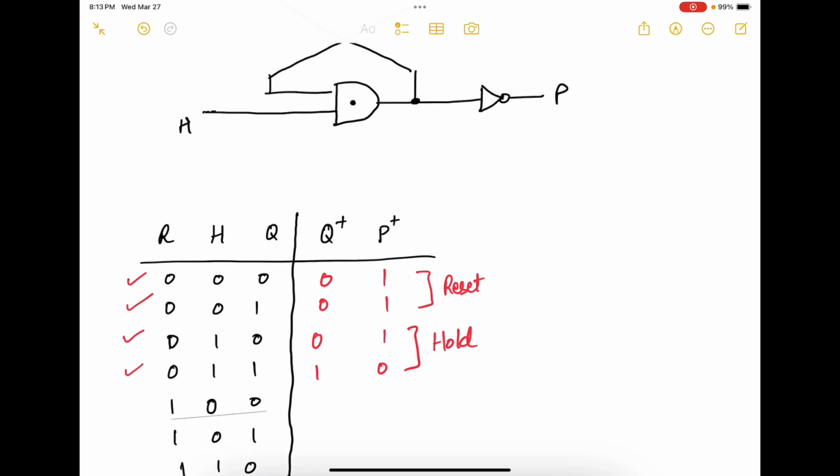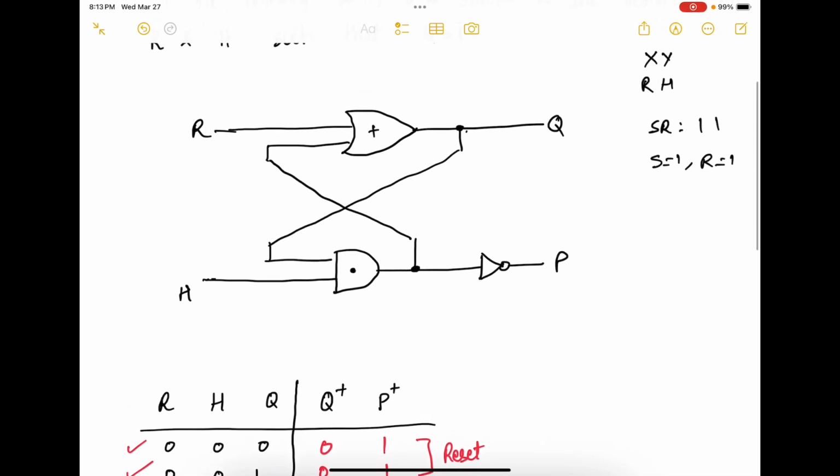Take the next combination where R is 1, H is 0, and Q is 0. Let's see what happens. So 0 goes down here. 0 and 0 is 0. This goes to 1. This 0 goes on top. 1 or 0 is 1.